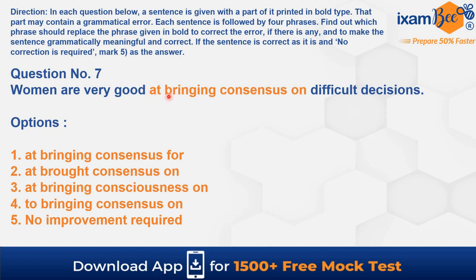And then after at you should have a gerund verb here. That means the verb should be in its continuous form, and it will be a gerund verb. What are gerund verbs? These are the verbs which act like nouns. So at what? At bringing consensus on difficult decisions. So no improvement required. Okay.